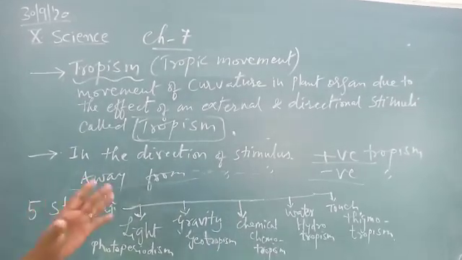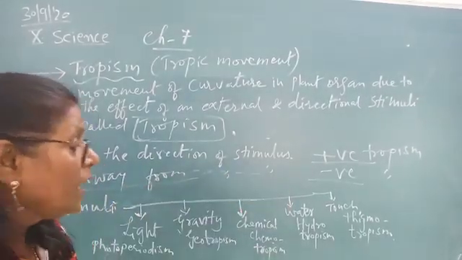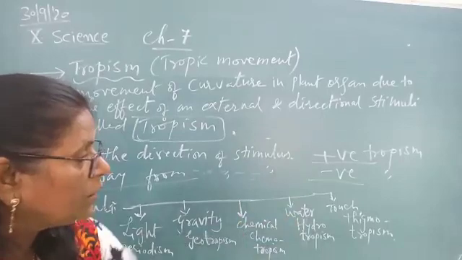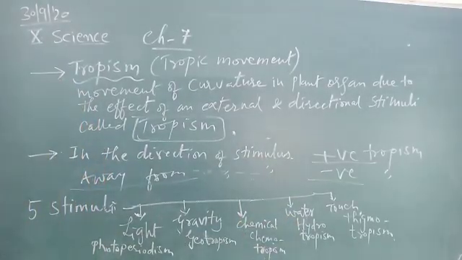Then the last one is the stimulus touch, and the tropism is called thigmotropism. The directional movement of a plant in response to touch is called thigmotropism; thigmo means touch.